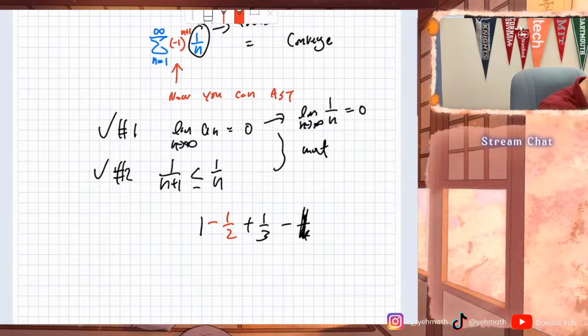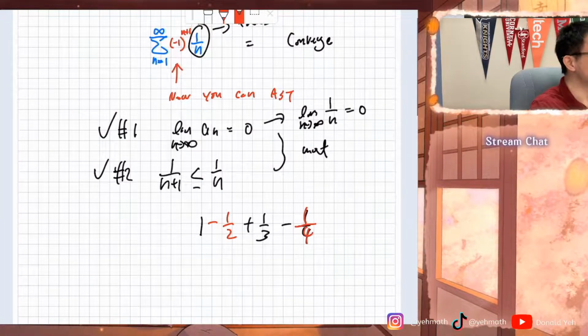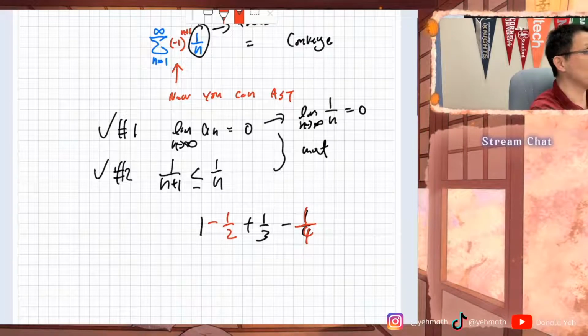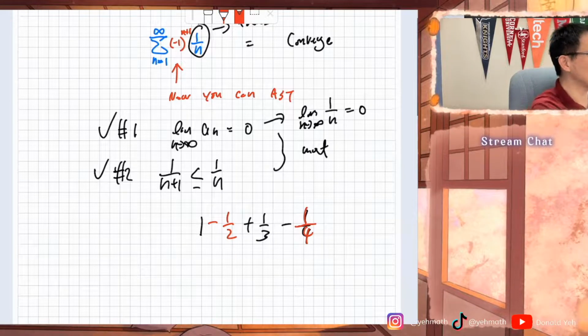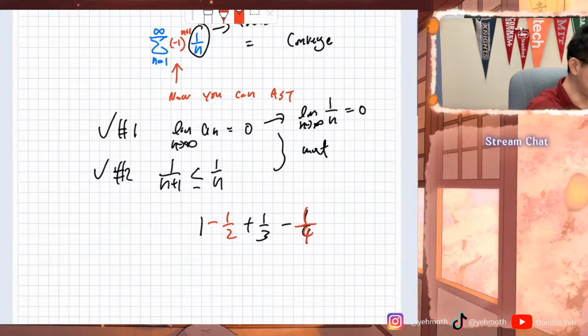So it's super easy. You're going to see it's getting less. You're adding something, but you're taking away something less, and you keep on giving and taking.